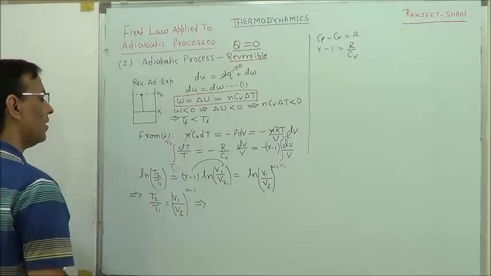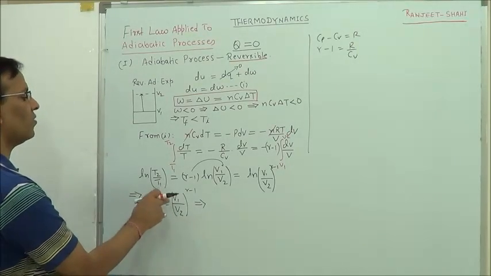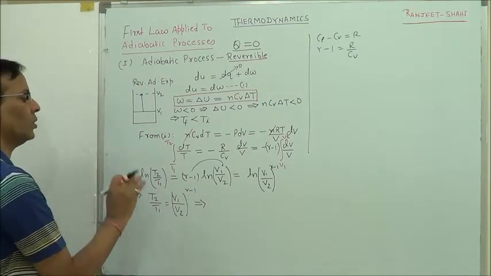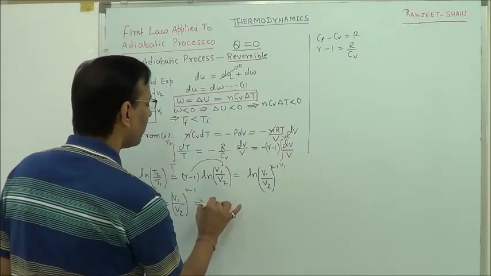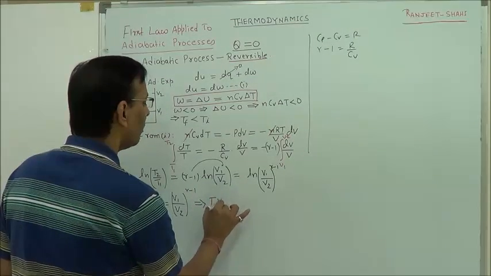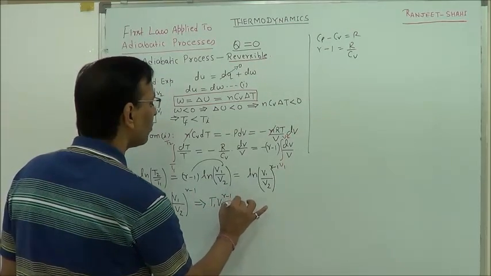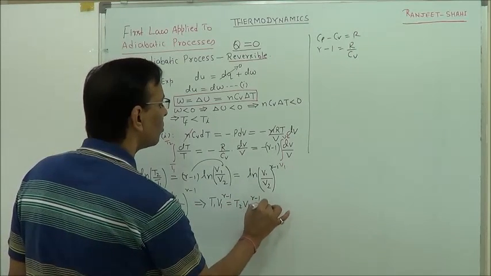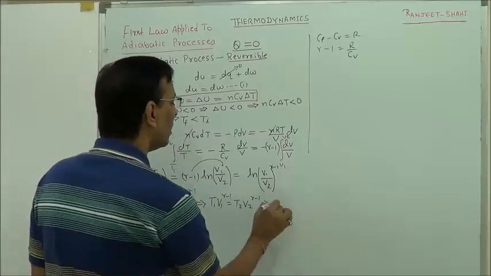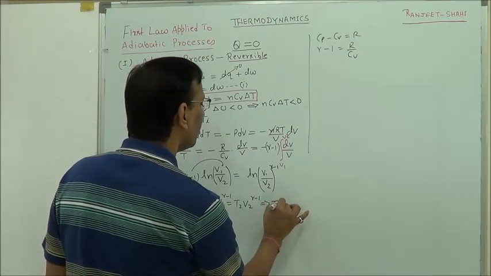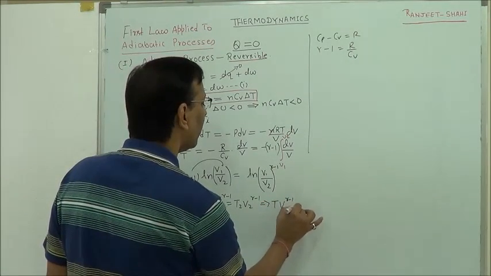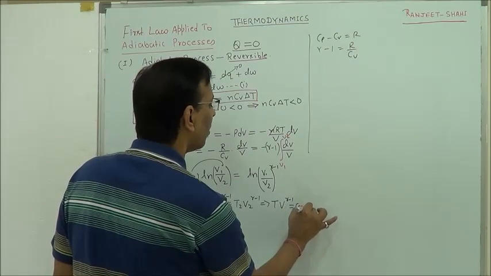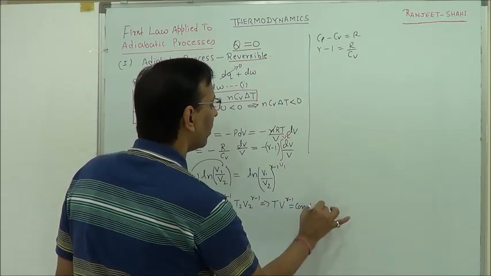Now if we generalize it, it will be T1 V1 raised to the power gamma minus 1 is equal to T2 V2 raised to the power gamma minus 1. So if we generalize it, it will be TV raised to the power gamma minus 1 is equal to constant.